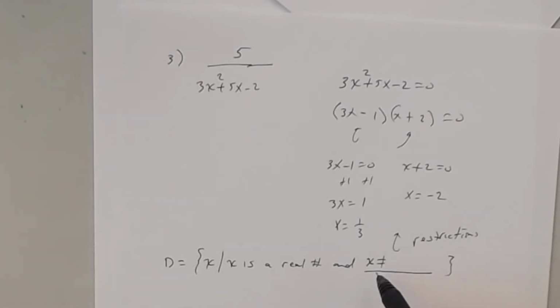What would you put in that cannot equal? 1/3, comma, and what's the other one? -2. So make sure you put that comma there. So that's your domain, meaning it's any real number except which 2 can I not use? 1/3 and -2.